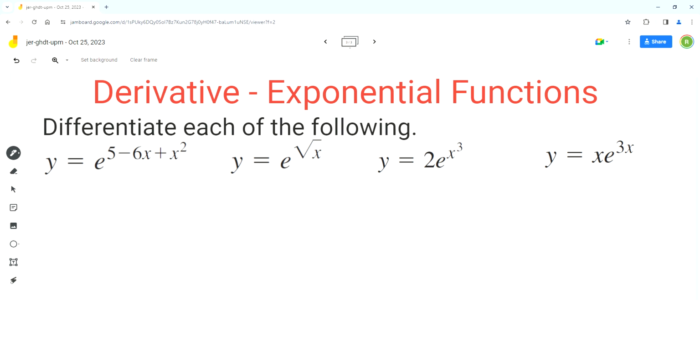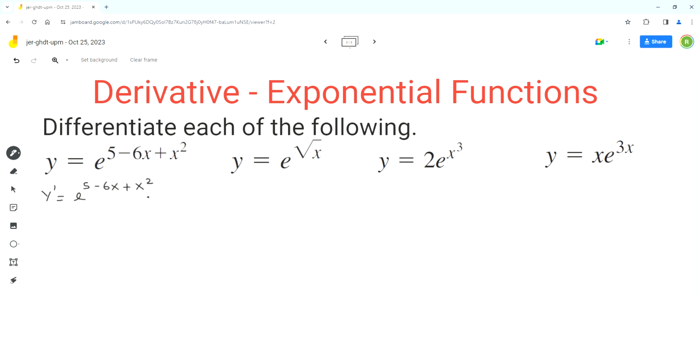So let's start with the first function. So y equals, so the e term as it is given, so e to the 5 minus 6x plus x squared, times the derivative of the exponent of e.